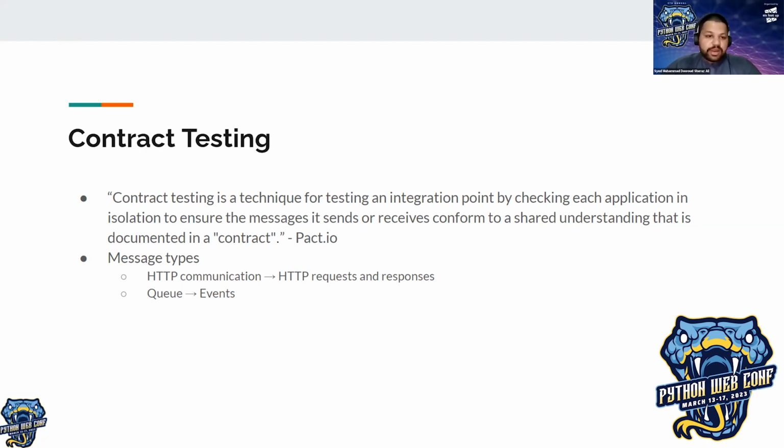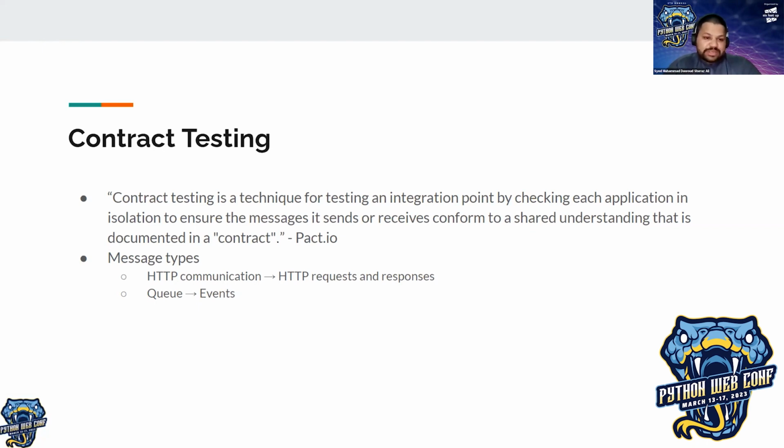So the idea behind contract testing is that since two applications are communicating with each other and sharing messages, that communication is the key point in making sure that those applications work correctly together. And just like we do unit testing and E2E testing, we want to ensure that the integration linkage between those applications works as expected.